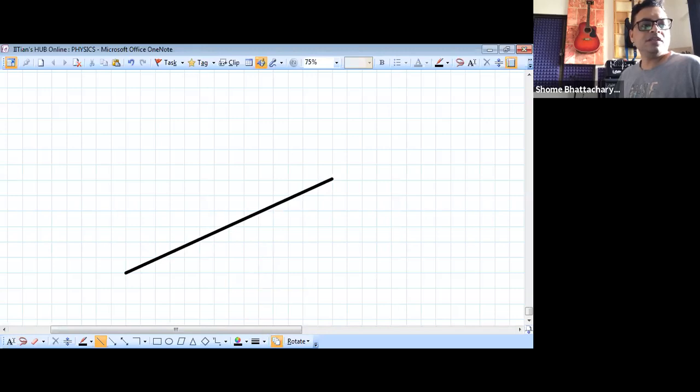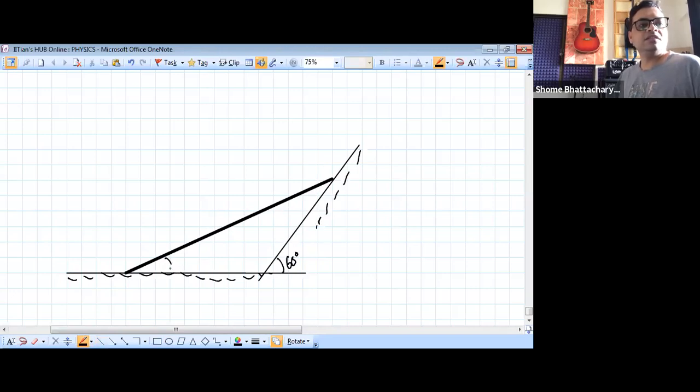So the particular case where theta is 30 degrees. Because this is 60, the instant when theta is equal to 30, this also becomes 30.